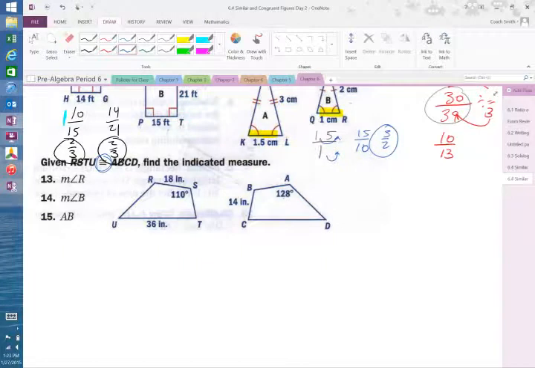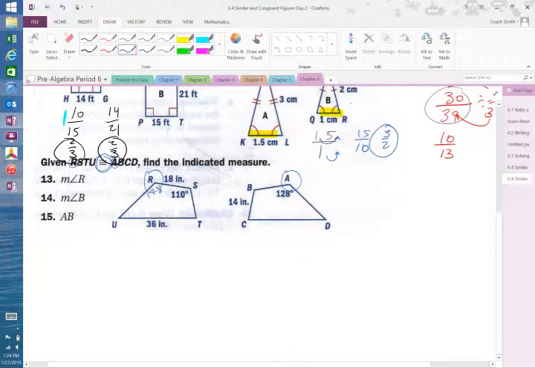Now, they said R and A are similar. There's A and there's R. Okay? So what does angle R have to be if angle A is 128 degrees? Yeah, it has to be the same because they're congruent.